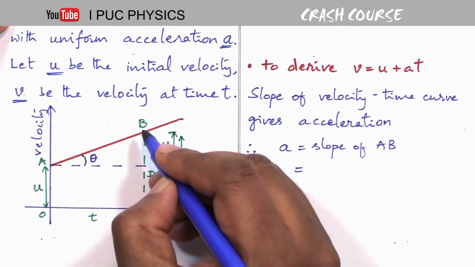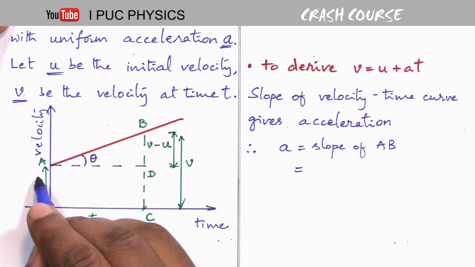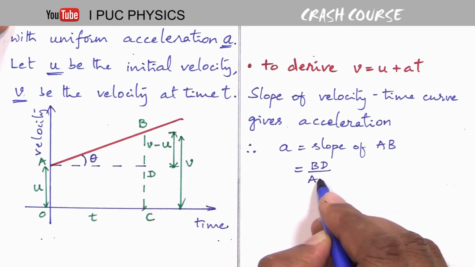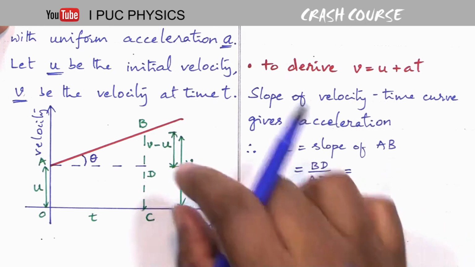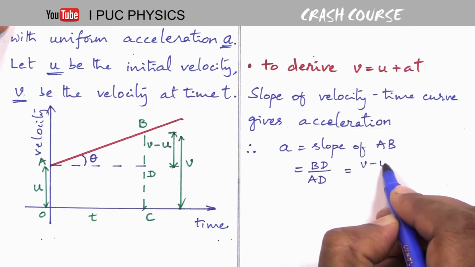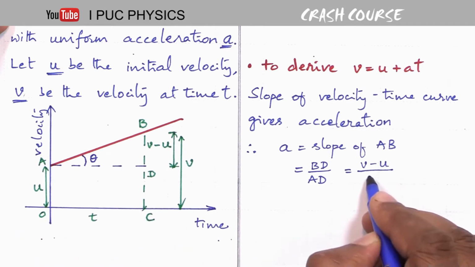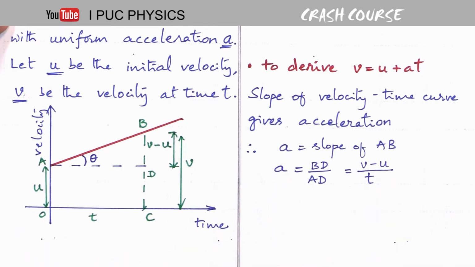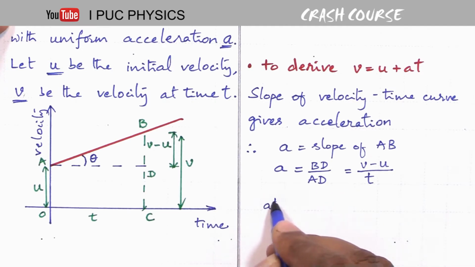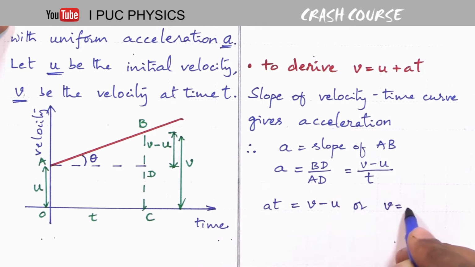So tan theta in this right angle triangle ABD is BD by AD. BD is change in velocity v minus u, divided by AD, which is OC. OC is t. Rearranging, at equal to v minus u or v equal to u plus at.